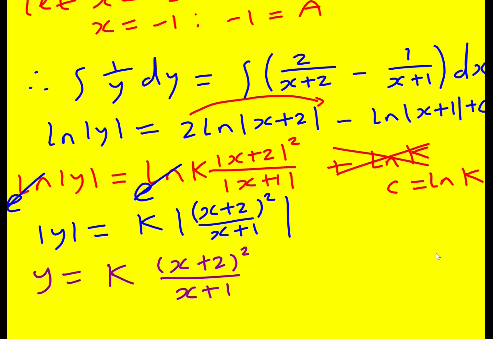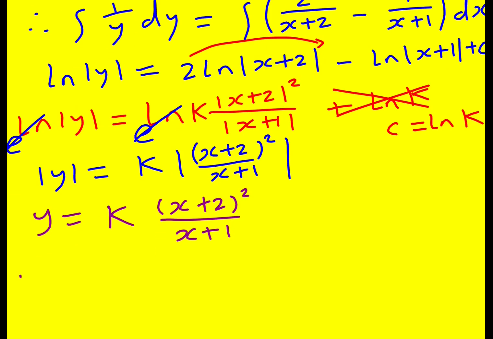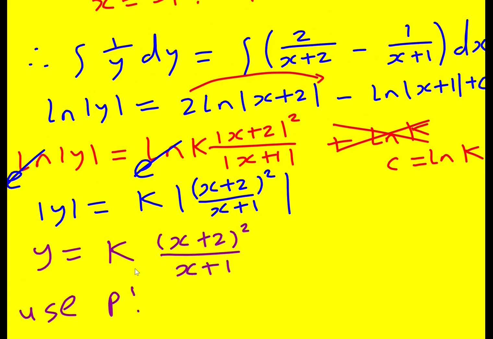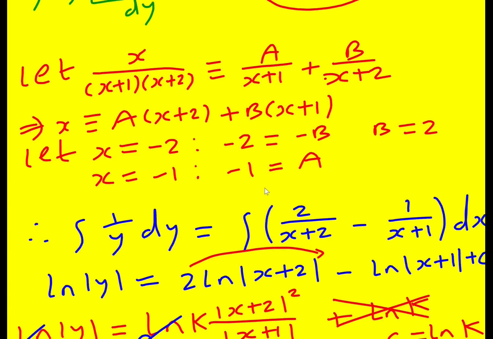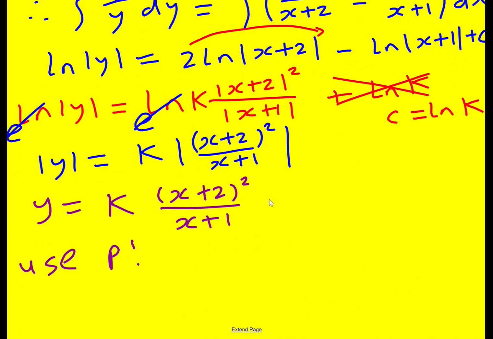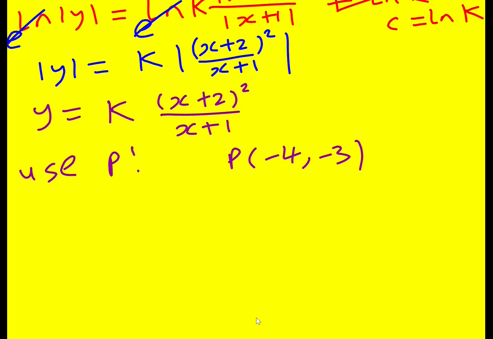Now we're nearly there. We just have to use P. We know that the curve goes through that point, -4, -3. So I can write down that -3 is equal to k times, and then it's going to be -4 plus 2, which is -2 squared, which is 4.